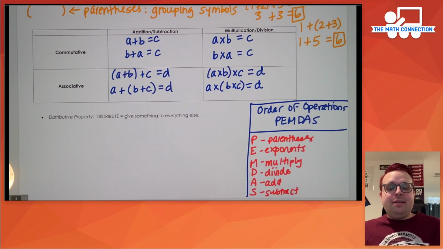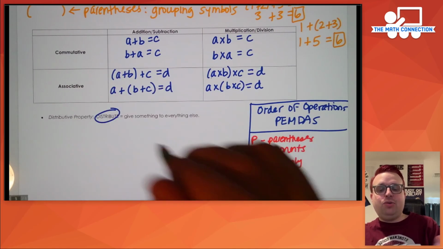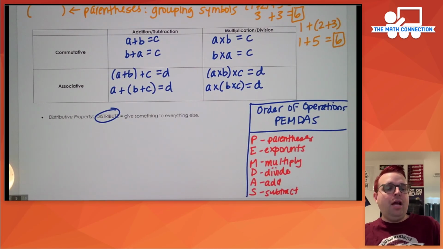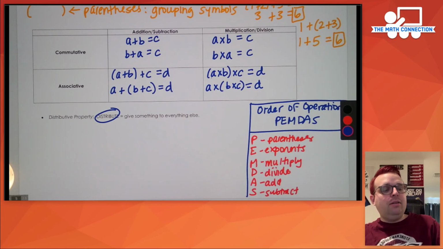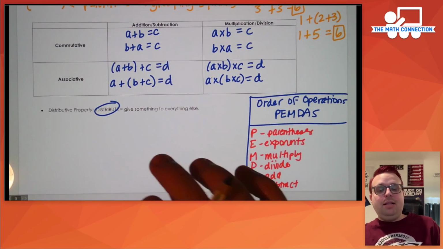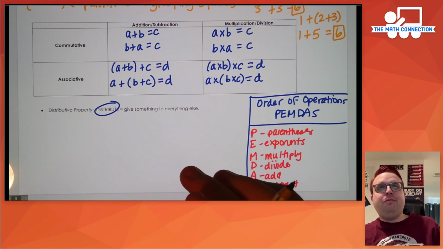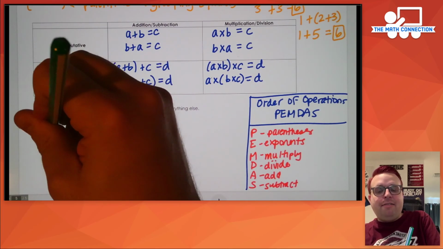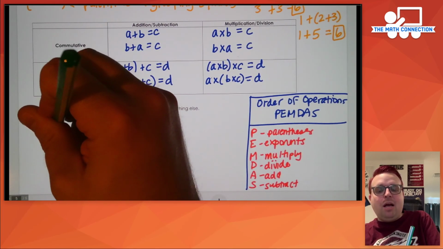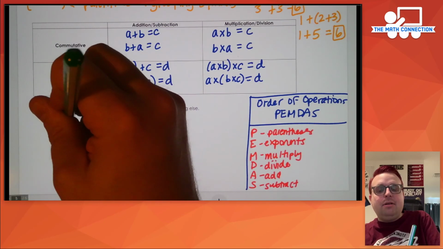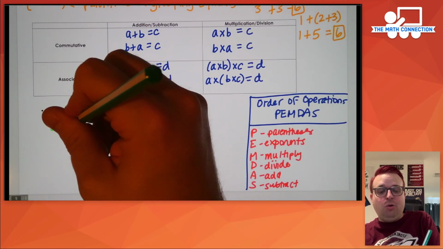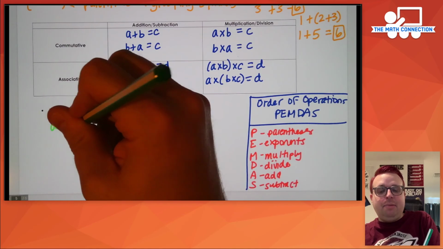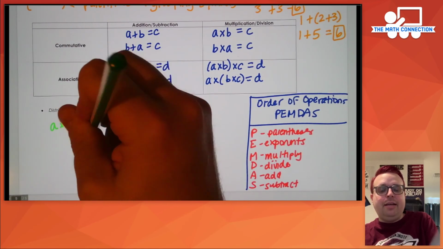Okay, we have one last thing to discuss, which is called the distributive property. The key word here is distribute. You are distributing a number, and this involves grouping symbols as well. Let's see, what color haven't I used in a while? How about green? So if I use letters to explain the distributive property, what it means is that if you have a number A being multiplied by something in a grouping symbol, like B plus D, okay?